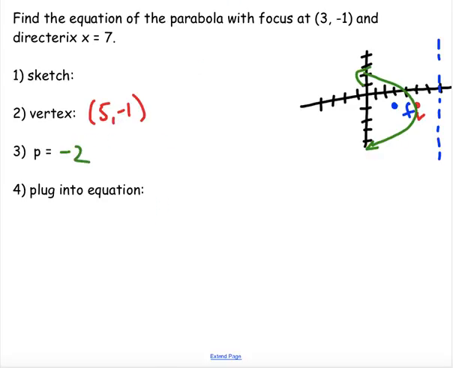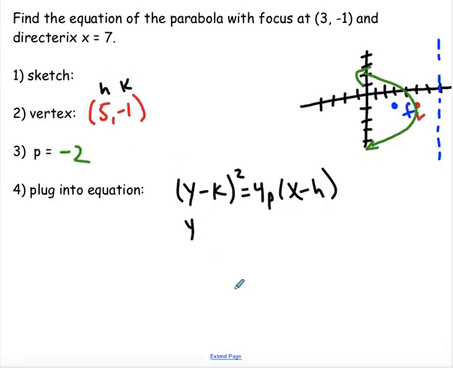All right, since our graph is opening to the left, the equation is the one where the y's are being squared. So there's our general equation, and now we're just going to plug stuff in. So remember your vertex (h, k).